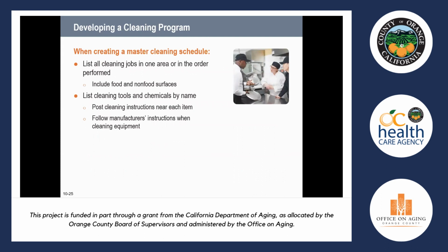When creating a master cleaning schedule, start by listing all the cleaning jobs in one area or in the order they need to be performed. Also, label cleaning tools and chemicals by name to be used for each task. Work with small groups or conduct trainings by area.